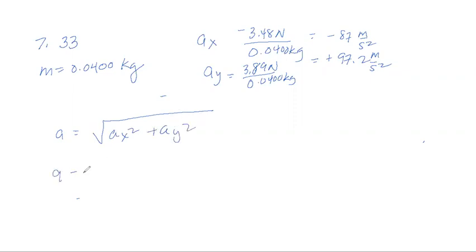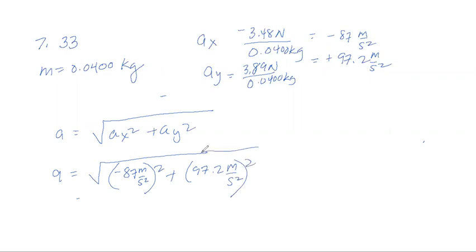A is going to be equal to the square root of negative 87 meters per second squared, quantity squared, plus 97.2 meters per second squared, quantity squared. And that's going to give me 130 meters per second squared.